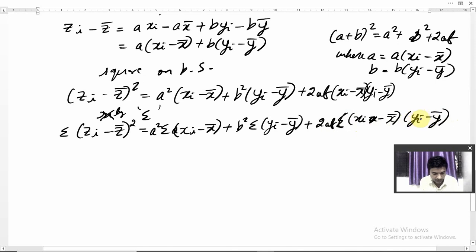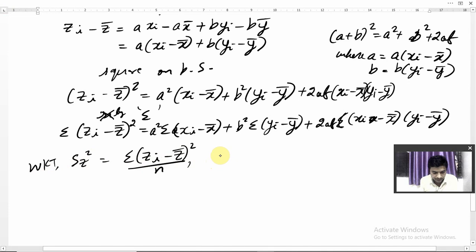You can see summation of (xi minus x bar) the whole square, if you just remember the formula, students, divided by n, we take it as sx square, so we know that. Same way, sz square is equal to summation (zi minus z bar) the whole square divided by n.